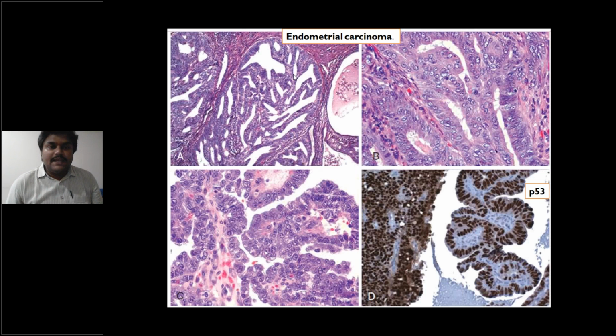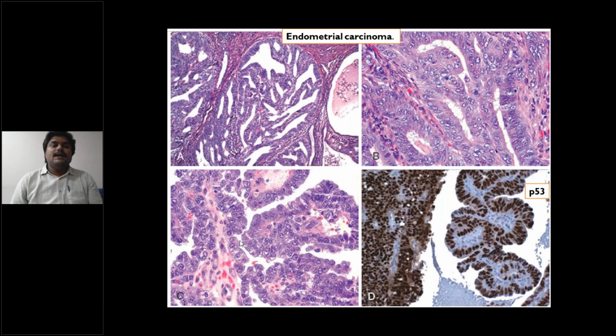This is how an endometrial carcinoma looks. You can see closely packed glandular structures forming cribriform spaces, and on high power, these glands are showing nuclear atypia, enlarged vesicular nuclei. You can see open chromatin.